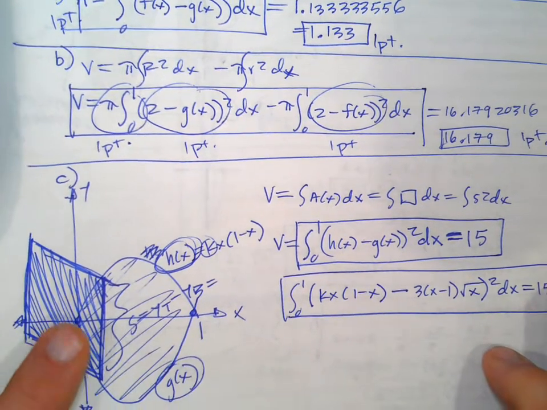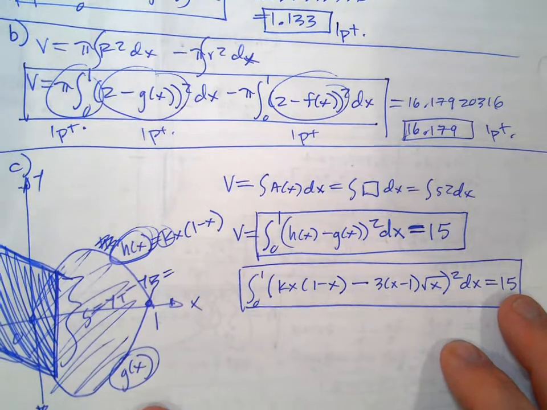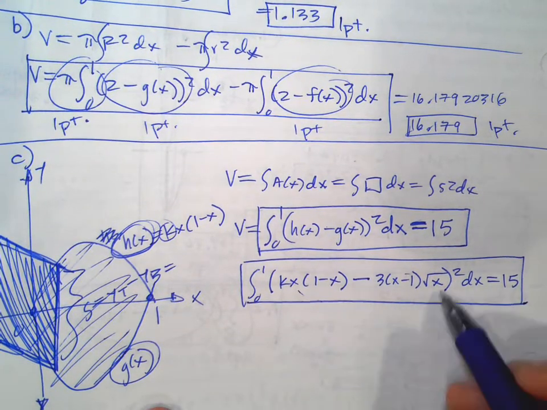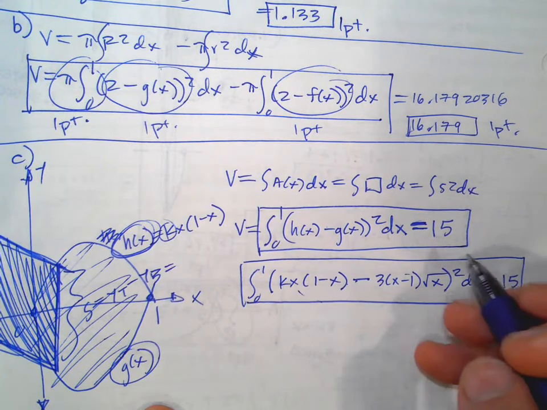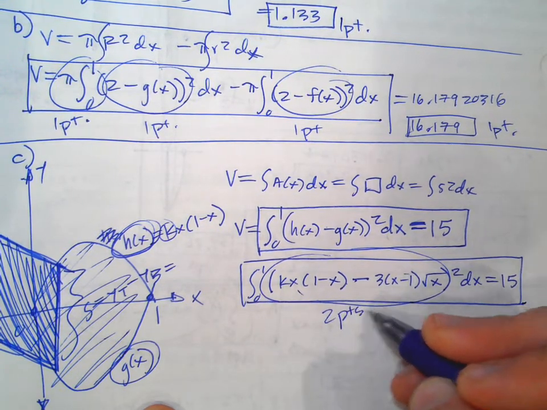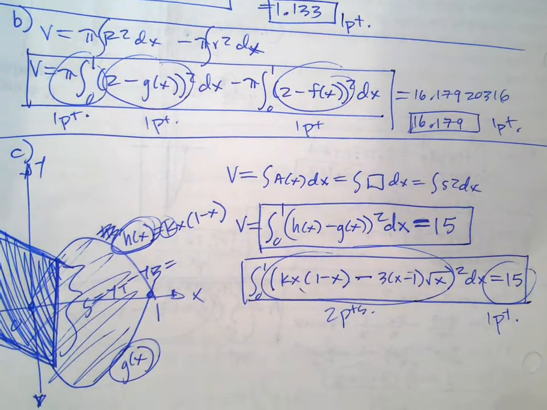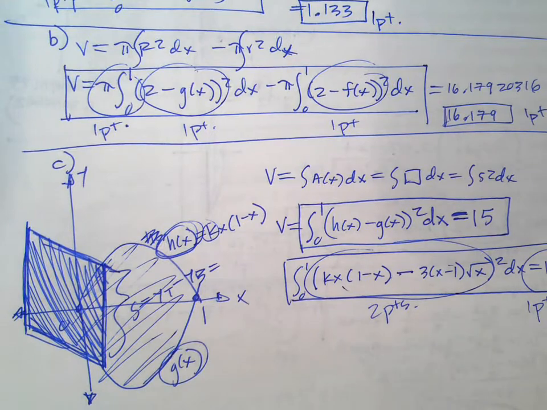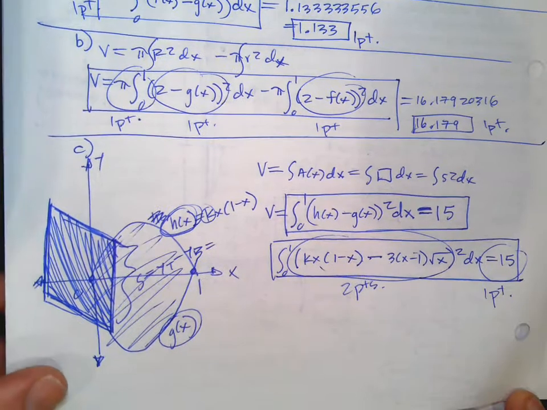They told you don't have to find the answer. I think we could find the answer. It would take big work. We would have to integrate this by hand. But this was worth 2 points, and setting equal to 15 was worth 1 point. So that's it. Some good practice for your test. Okay.